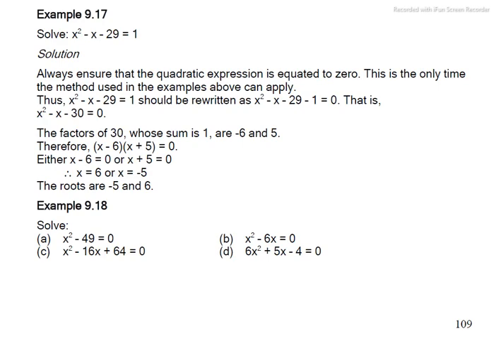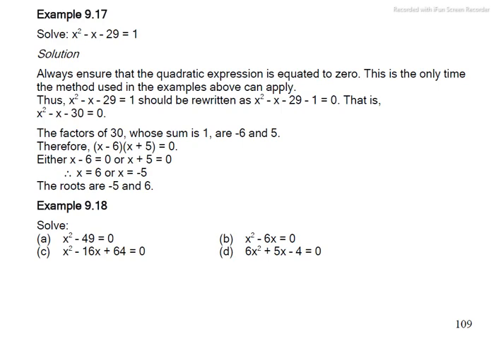So when we have x squared minus x minus 30 equals 0, we now think of getting the sum and the product, where the sum will be negative 1 and the product will be negative 30. So we look at the factors. What two numbers can we add to get negative 1 but multiply to get negative 30? That is probably negative 6 and 5.